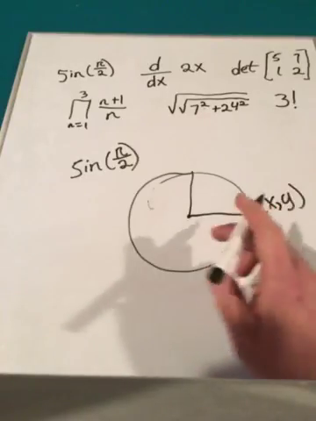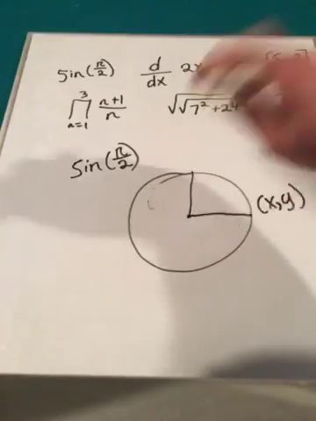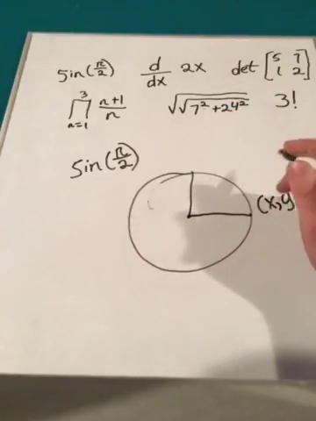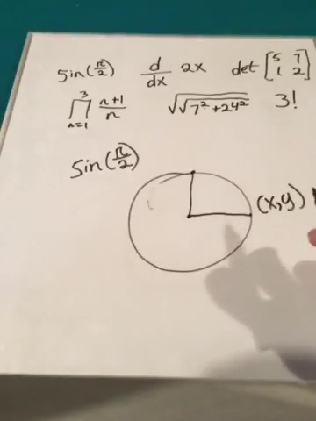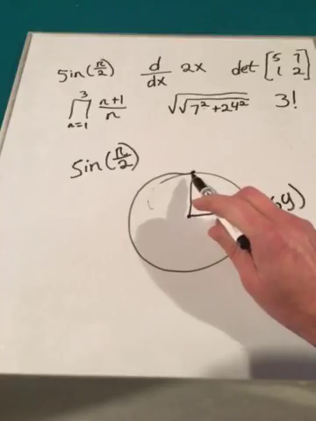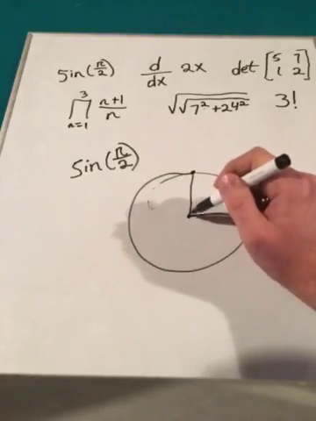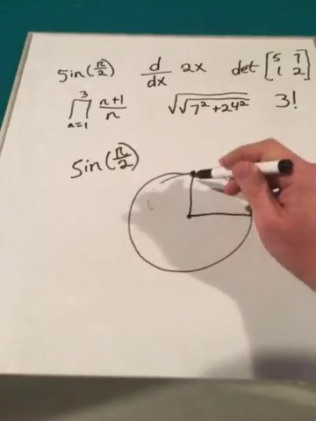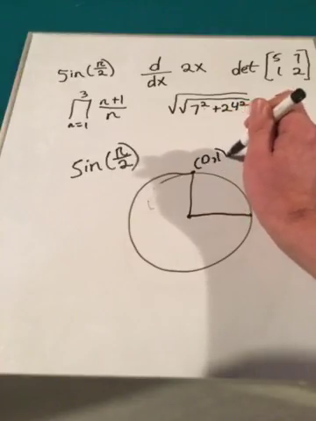So if we start here and rotate 90 degrees, or pi over 2, we're going to end up right here. And where's that point? If this is the XY plane, this is the origin, and the radius is 1, so this point is at 0, 1.